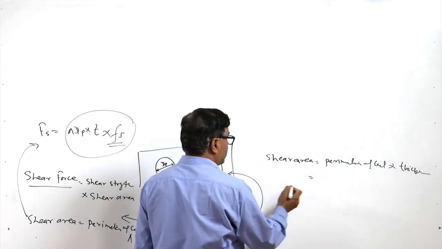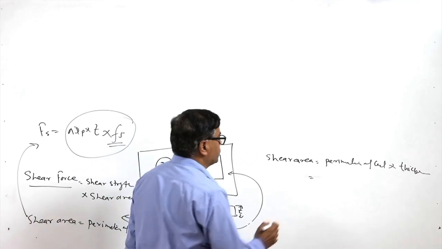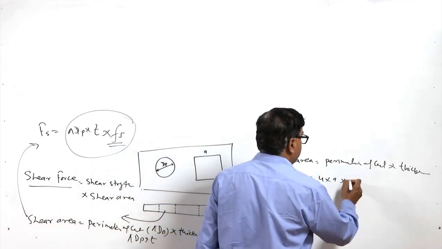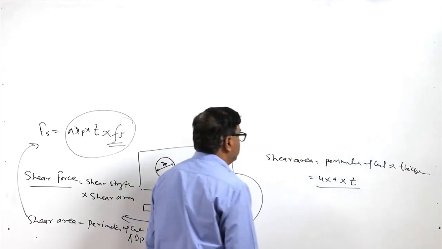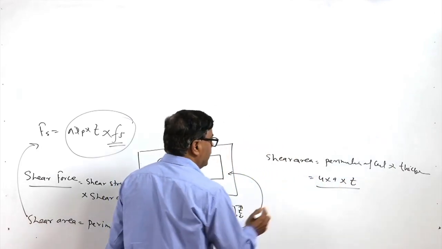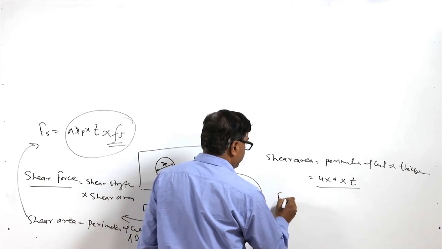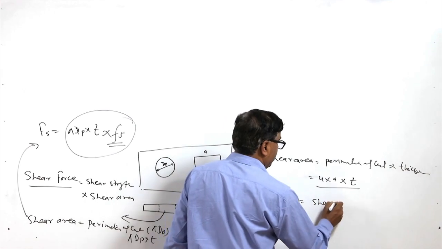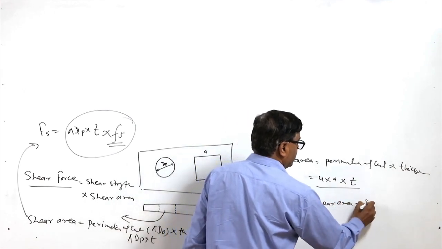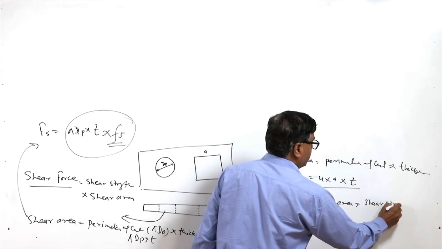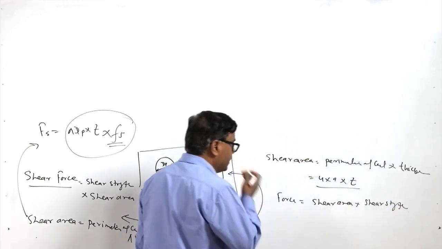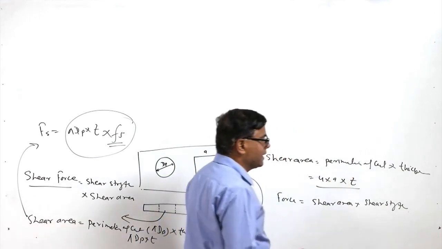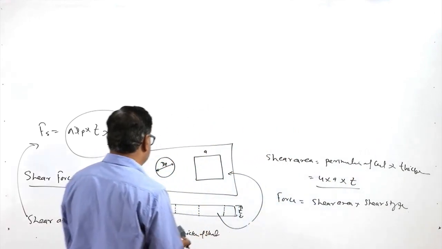So the perimeter of the cut, since this is the square section, is 4 into A, and the thickness of the sheet is T. So this will be the shear area, and to calculate the shear force, we need to multiply the shear area with the shear strength of the material, so that we can get the shear force. We do not use the tensile strength of the material for the shearing purpose.